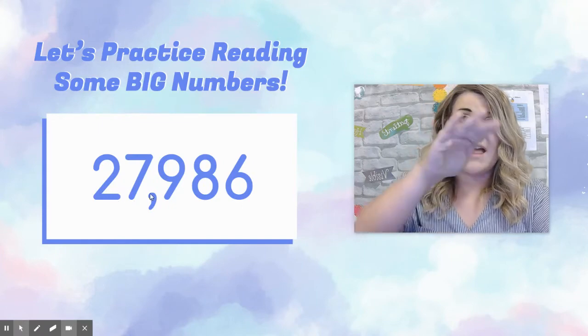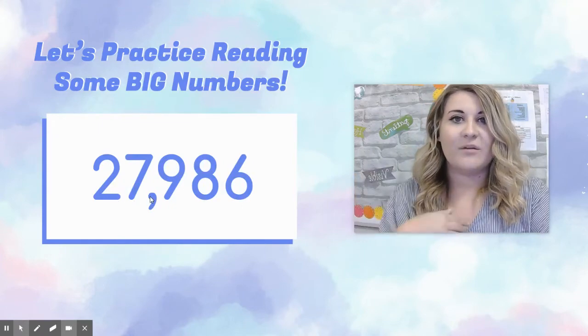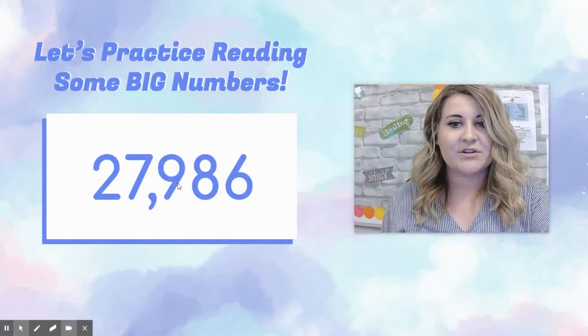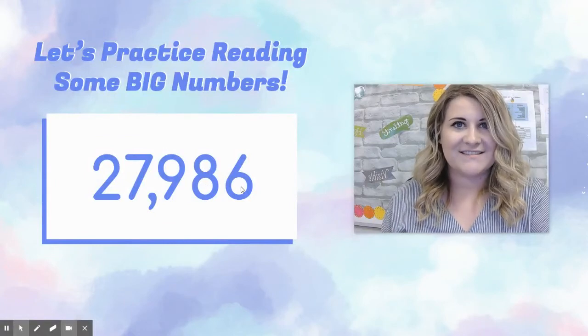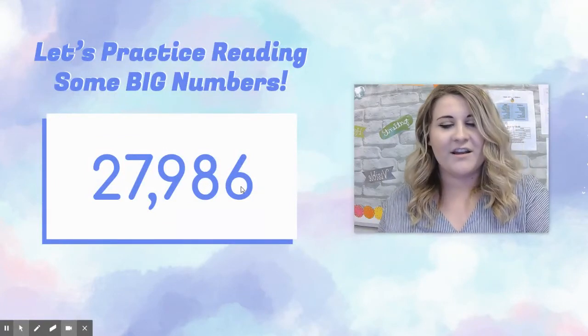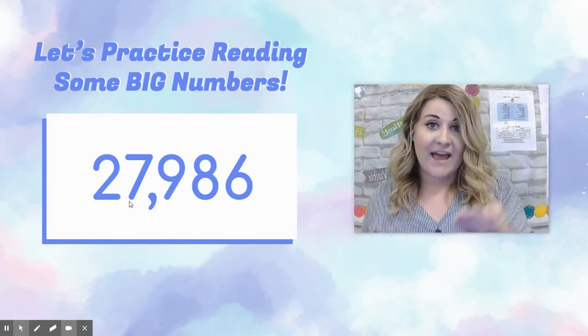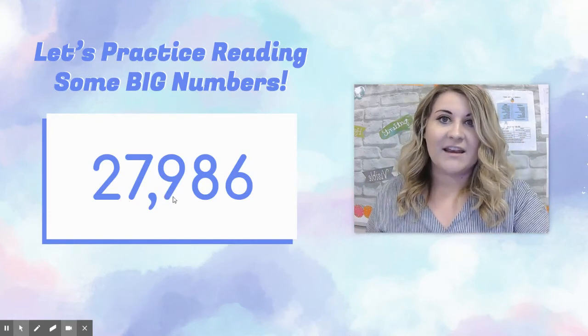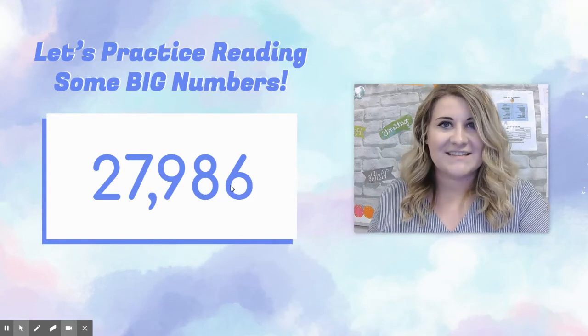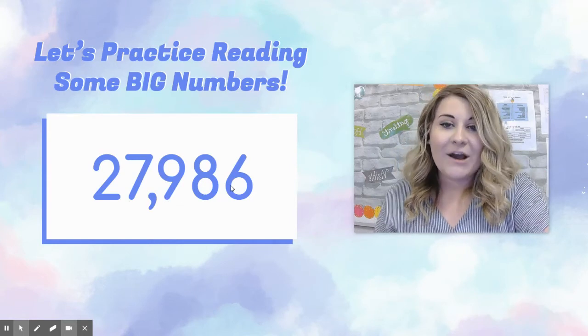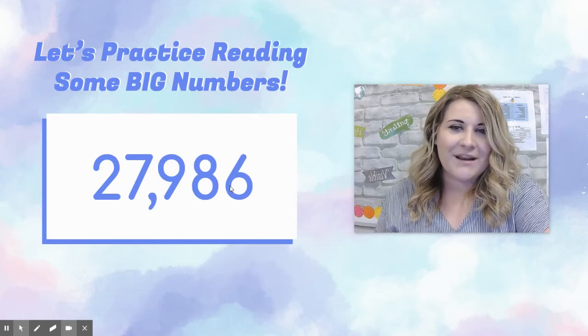The comma says 1,000. And then we're going to say 986. Okay? It's really not that hard. Let's try it one more time together. 27,986. Good.